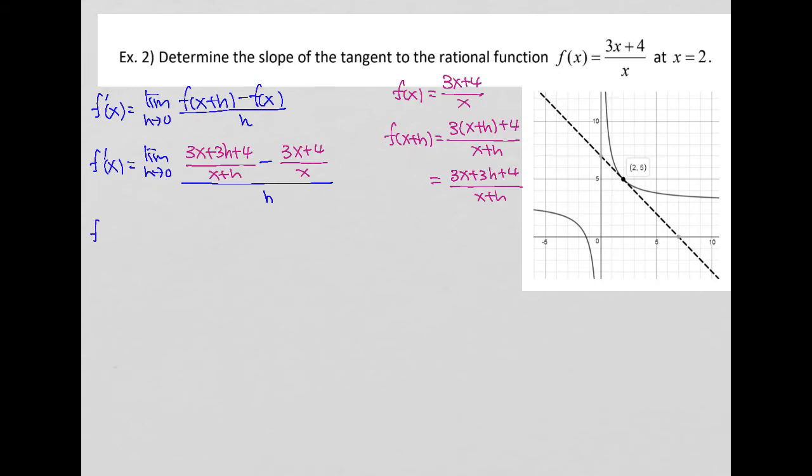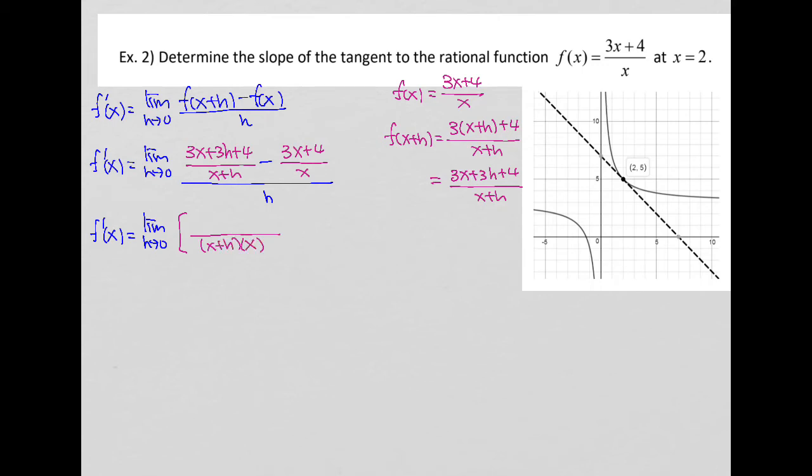Now, since we have a fraction over a fraction again, we're going to change the division line into a division symbol. And we're going to find a common denominator for the numerator. So the common denominator between x plus h and x will be x plus h times x.